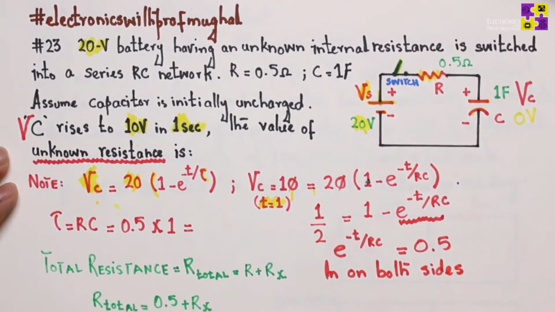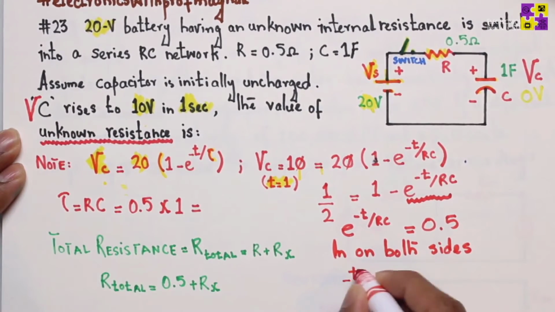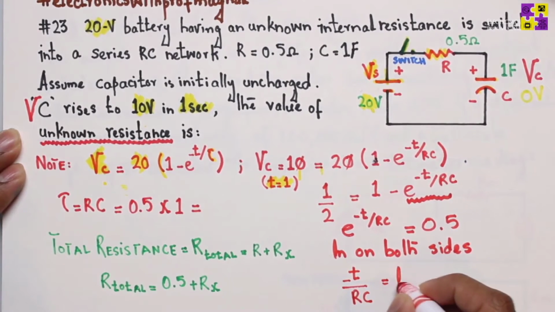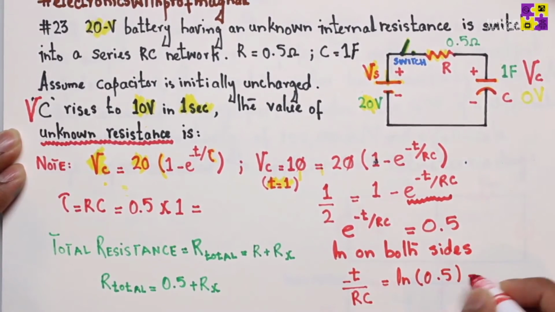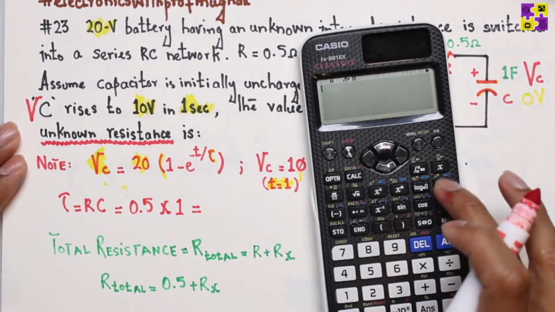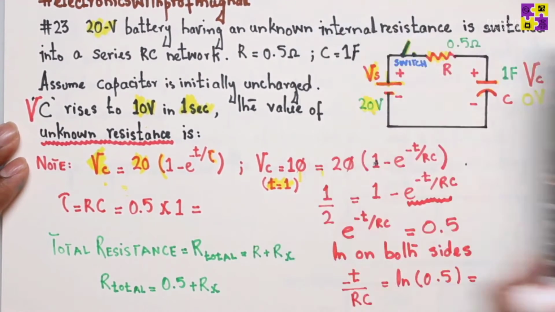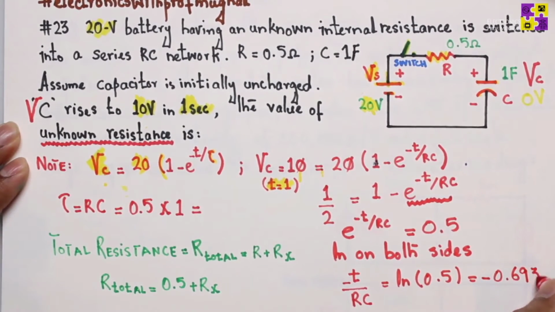the left hand side of the equation transforms into negative t over RC equals ln 0.5. And if you use your calculator right here, ln of 0.5 comes down to negative 0.693.